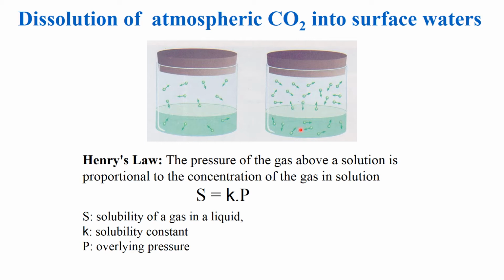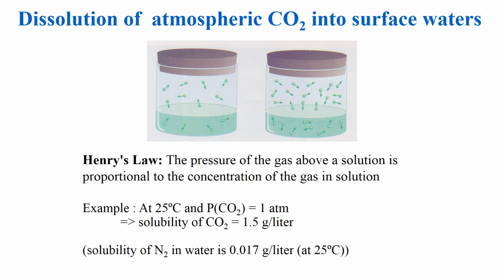So if you increase the concentration in the atmosphere, you'll increase the concentration dissolved in the liquid. So we have this term, the solubility constant, which describes the relationship between how much of the gas is dissolved in the liquid and the partial pressure.